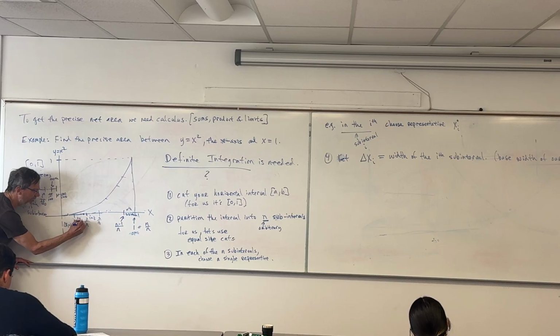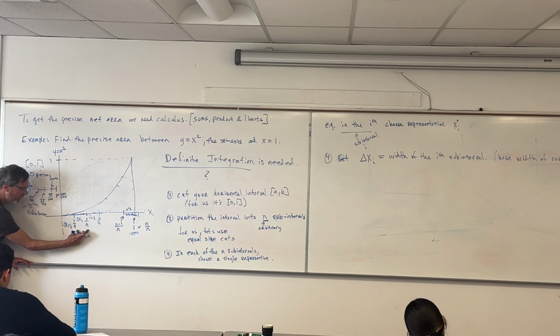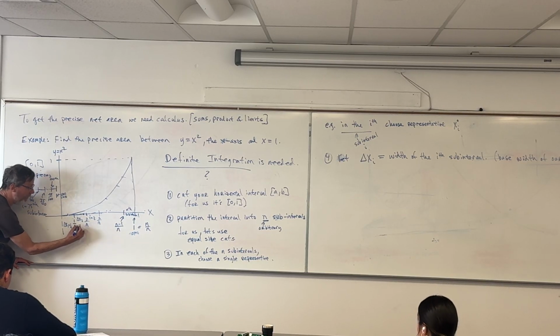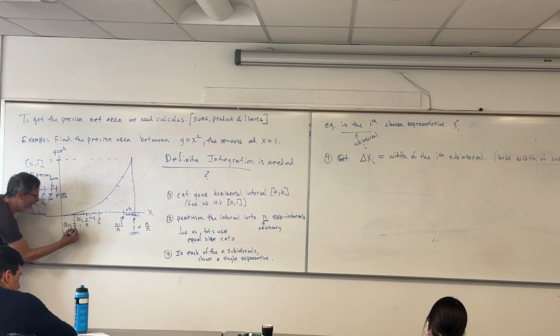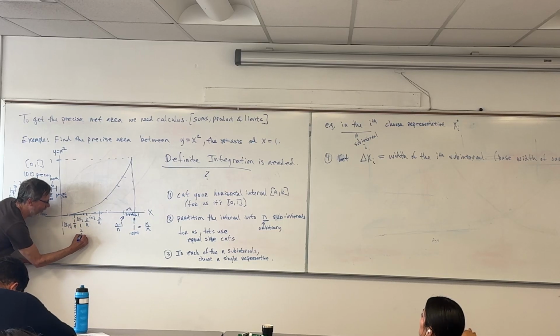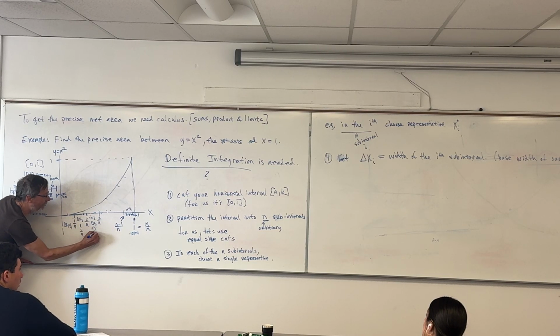What's delta x2? How wide is this? It's just 1 over n. They're all 1 over n, right? In this case, delta x1 is 1 over n, delta x3 is 1 over n. All these guys are the same width.